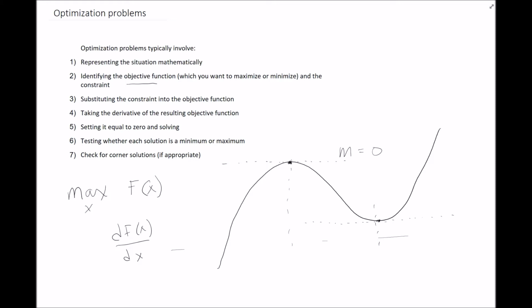Because in these problems, we're typically dealing with choice variables, in other words, things that the actors are able to control. And so that's the general insight behind these types of problems.